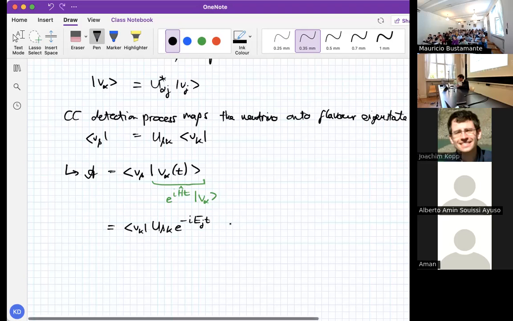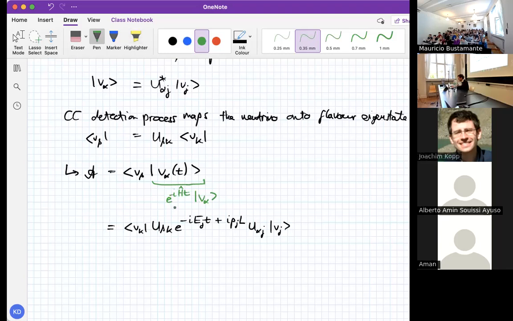Okay, now let me give you not only the time evolution but also the spatial evolution. times U_αj times ν_j. So first of all, here I have forgotten a minus sign in the exponent. And let me write this not only as time evolution but also as spatial evolution, because after all, neutrinos oscillate in both space and time.